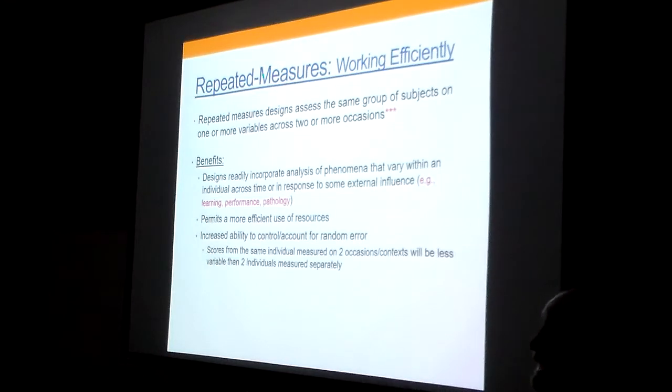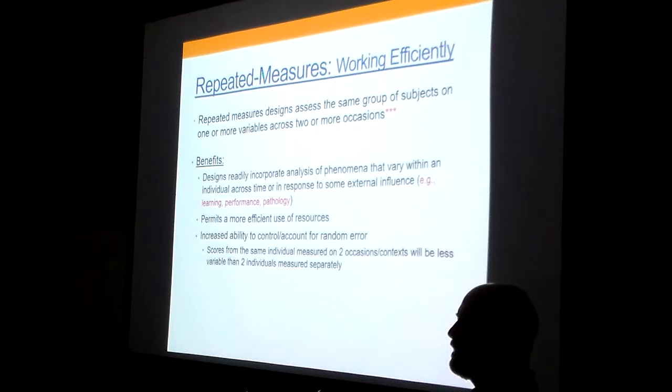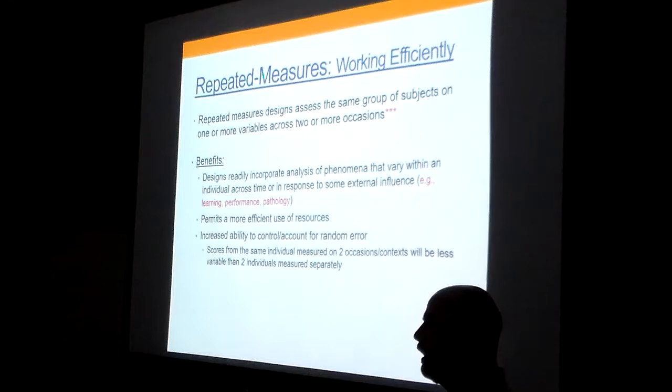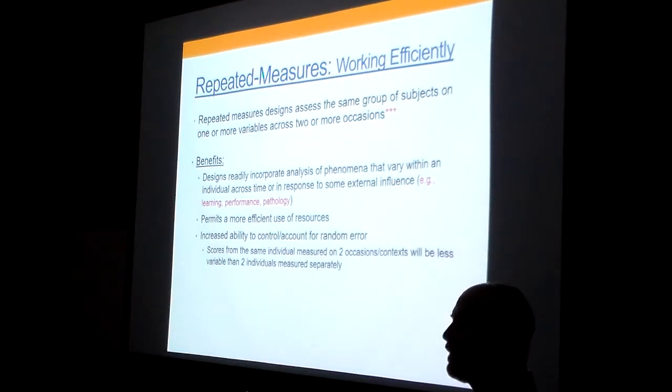But if Candace and Morgan are my only sample, Candace is probably going to respond similarly tomorrow as she did yesterday, and that gets taken out, so what we are left with is the change that's specifically attributable to change in Candace. Same thing with Morgan.